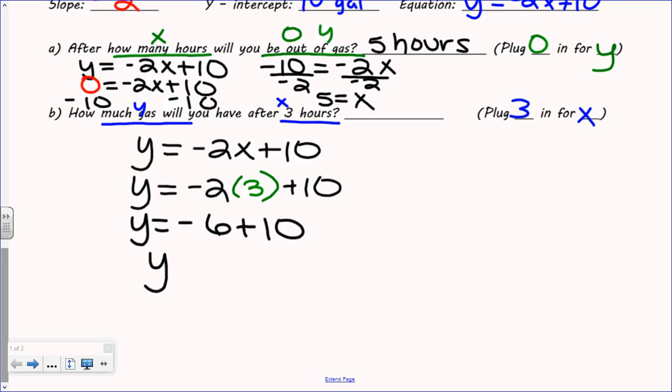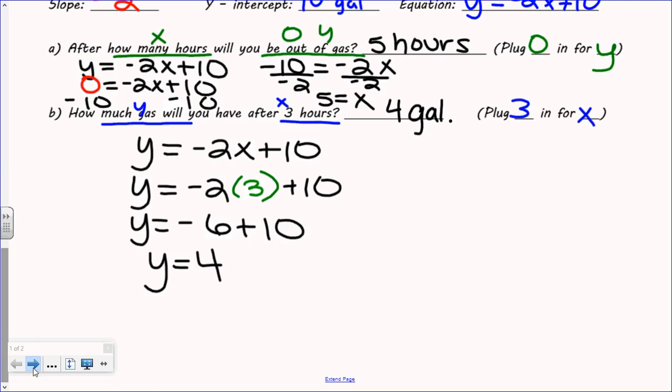And then we add those together, we end up with +4. So what does that mean? Well, it's 4 what? We're looking for how much gas. So this is 4 gallons. So you will have 4 gallons of gas after 3 hours.